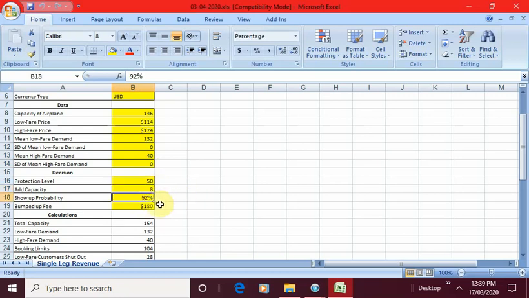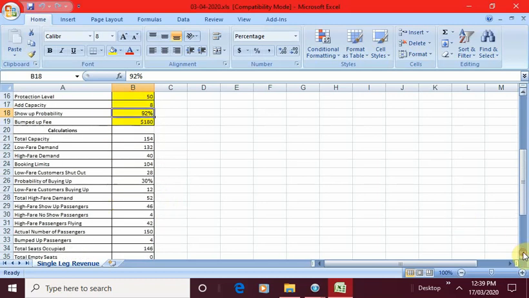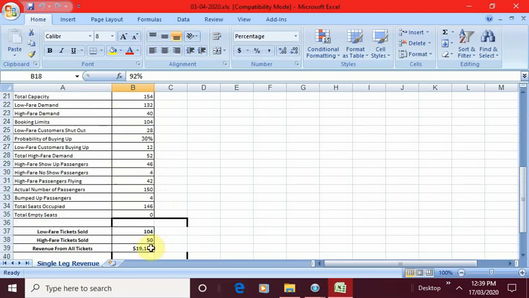We put the same inputs and the same results came out for the calculations. In the end we get the same figure of 19,140, 104 and 50 sold for the low fare and high fare, and the bumped up fees will also be deducted.